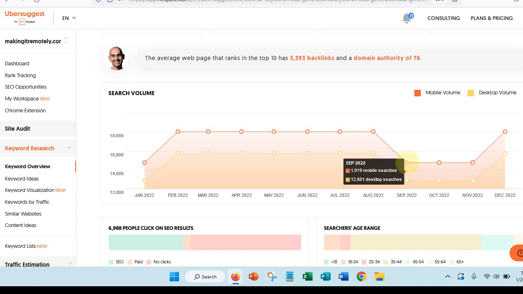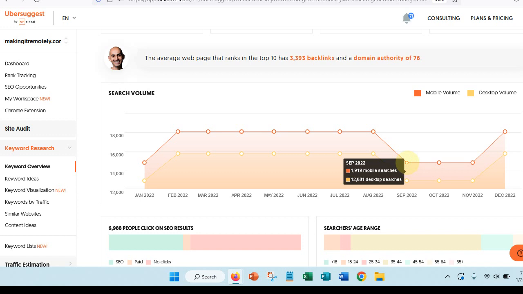So your search volume can vary from mobile to desktop. So you want to look at that data as well. And you also want to look at Google Analytics. Your Google Analytics data is going to tell you whether most of the people in your audience are looking at your content on a desktop, or are they looking at your content on a mobile phone, or are they looking at your content on a tablet?